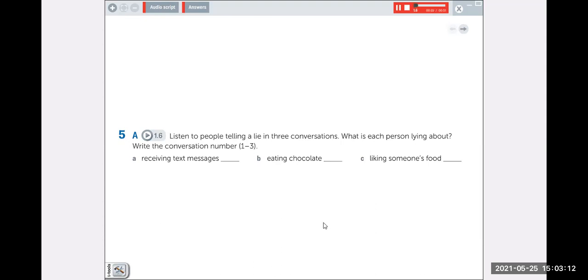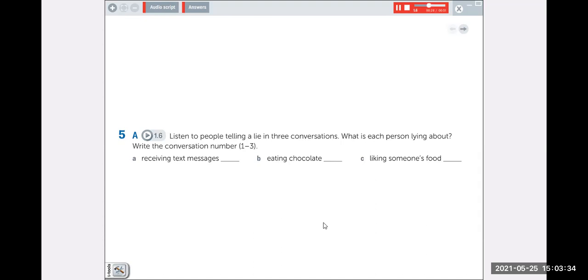Conversation 1. Who ate all of my chocolate? I don't know. So why do you have chocolate on your face? Conversation 2. What happened to you last night? I texted you 5 times. Really?